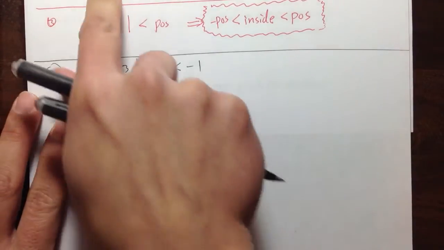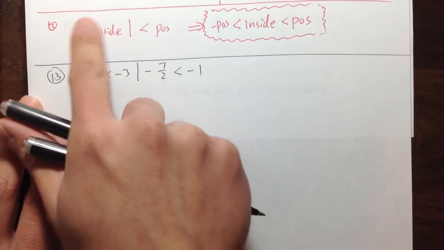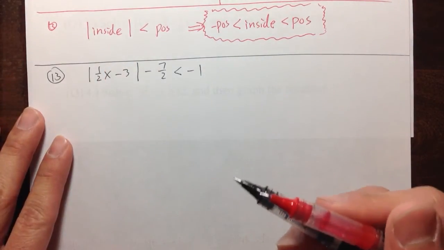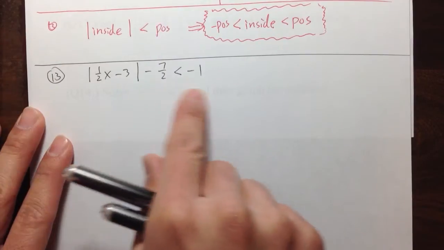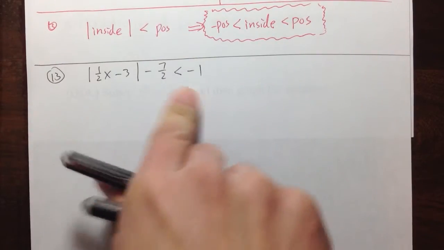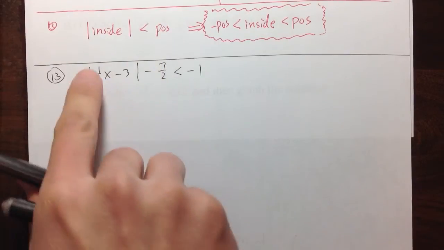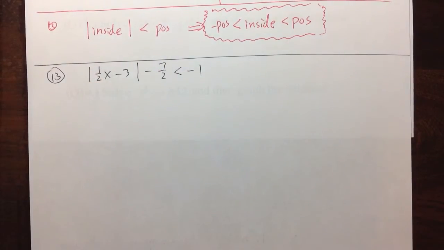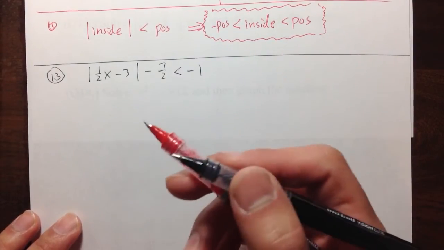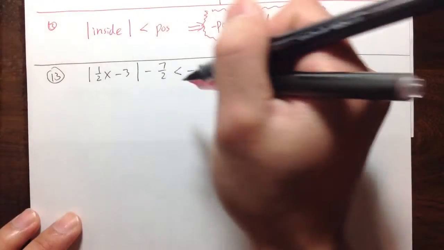Unfortunately, we have fractions, the 1/2 and the 7/2. So what we can do is multiply everything by the common denominator, which is just the 2.